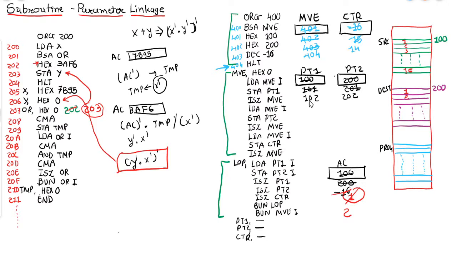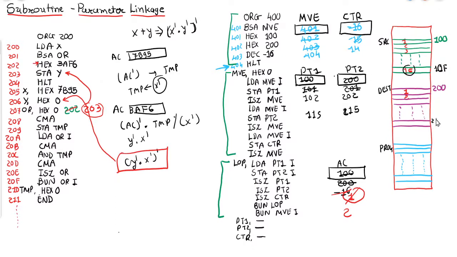So let's say 101, 102 and the last memory location is 115, 215. Okay, so this is the last memory location 115. So rather than this we will say this is 10F.